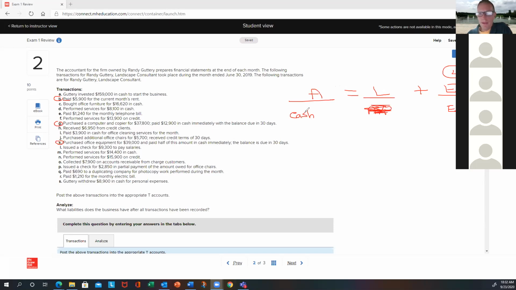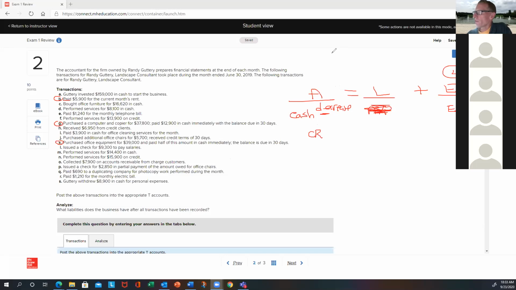Once you analyze these, you put them in the classifications. Because we're paying cash, everybody should say cash is decreasing. I'll put a minus there. If you look at the T account for an asset, how do you decrease assets? You decrease assets with a credit. That's the rule.